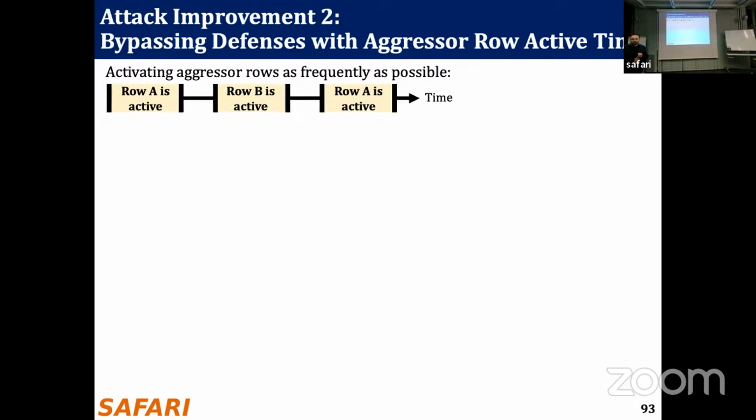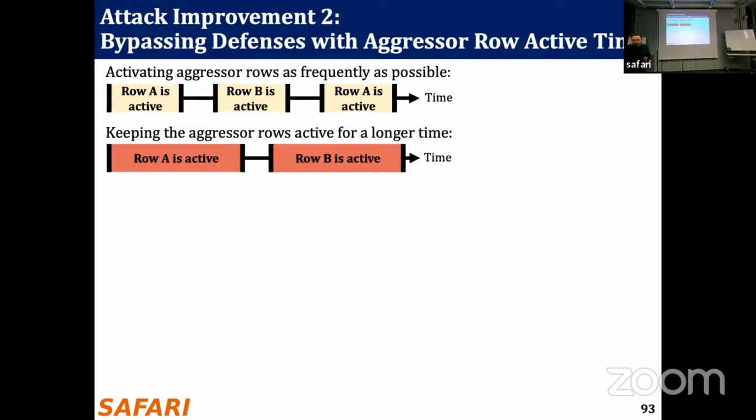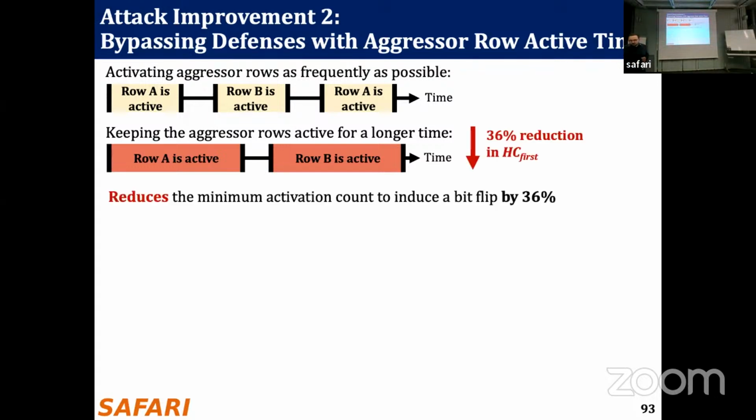And about the memory access pattern sensitivity of RowHammer, instead of activating aggressor rows as frequently as possible, you can just keep the aggressor row active for a longer time in your access pattern, so that you can reduce the necessary hammer count to induce a bitflip significantly.